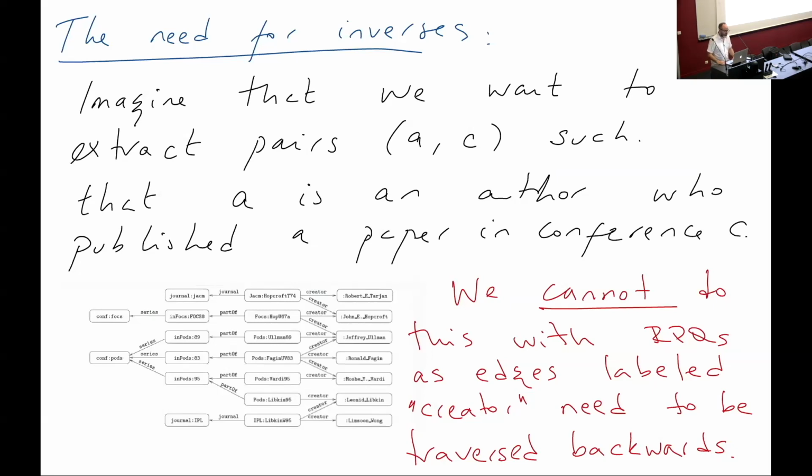But imagine that we want to extract pairs A and C such that A is an author who published a paper in conference C. With a directed path, there is no way we can leave an author because all edges point into authors. So one can prove that one cannot do this with regular path queries. Of course, this is very, very simple in this case, as edges labeled creator need to be traversed backwards.